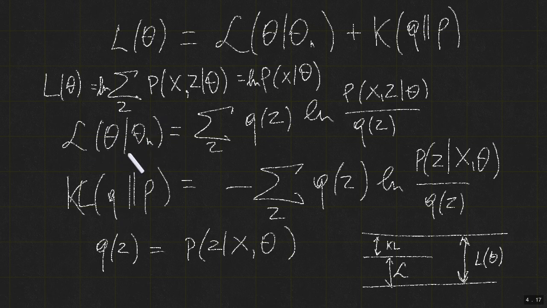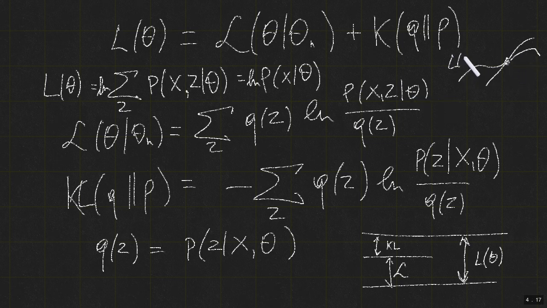Now we are at that point where the lower bound is a new function now because everything changed here. It's a function of theta, sorry, Q has changed. This is a function of theta. Let's start changing the function.